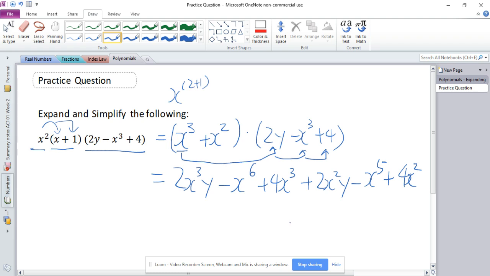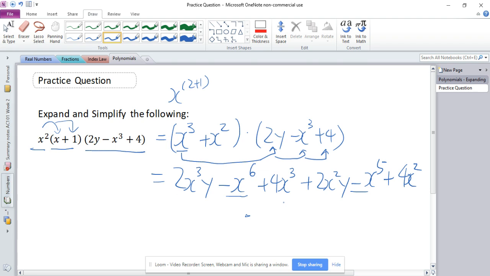In this case, x power 6 is only 1 in here, and x power 5 is only 1 term here, so you can't combine the terms. And then x³, note here is x³ and here is another x³, but the problem is you can't combine them.